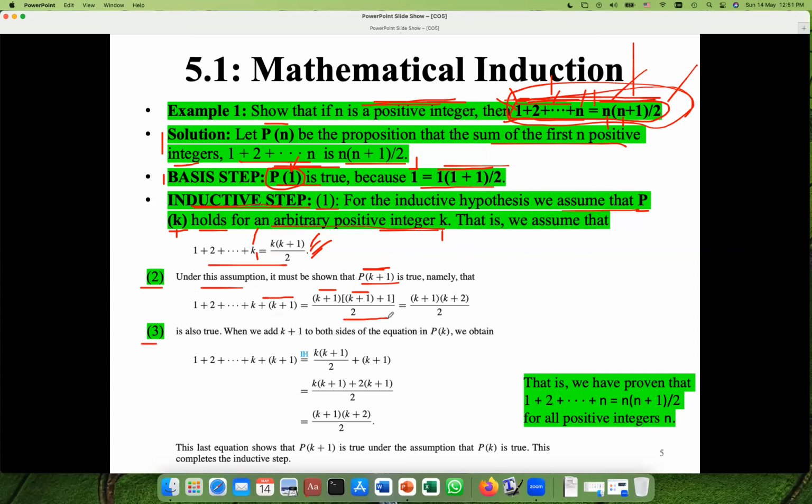Nothing else. You have now put the k plus 1 in that equation, nothing else. Then you can write it in this form. Open it up, and 1 and 1 will become 2, so you can write k plus 1 times k plus 2 divided by 2. We have not proved anything yet. We are just putting in the values. After putting this k plus 1 in this equation, we have this form. So this is what we have to prove.